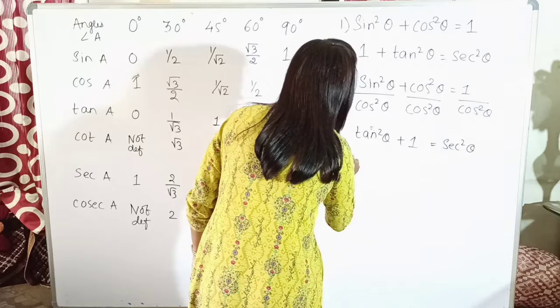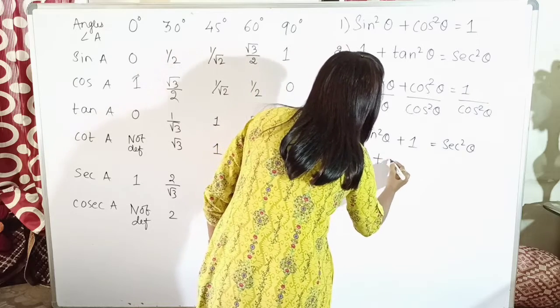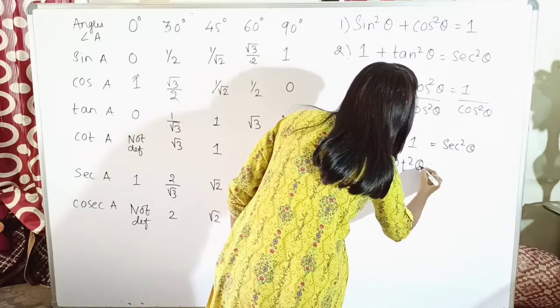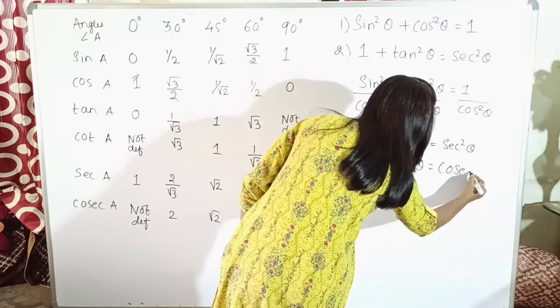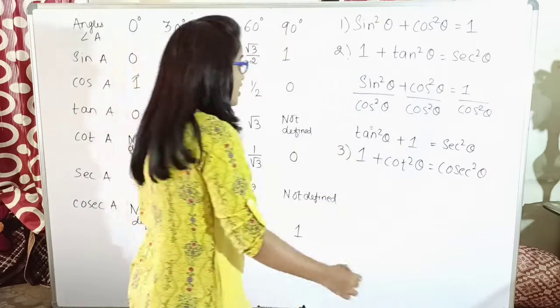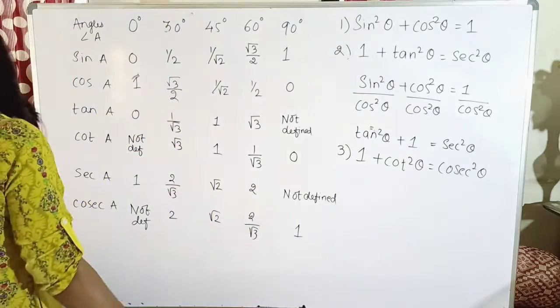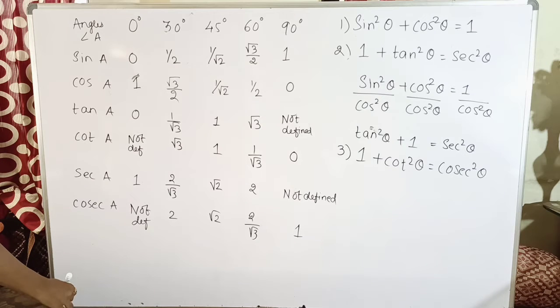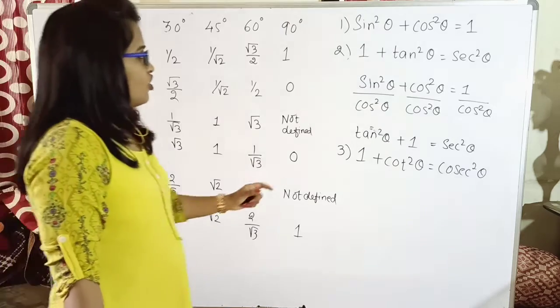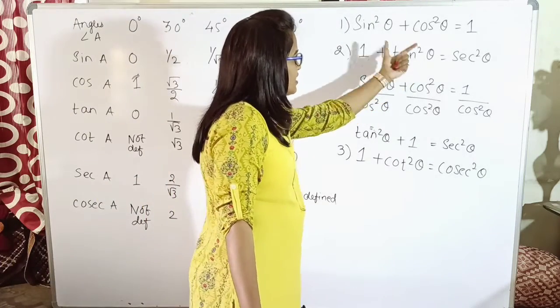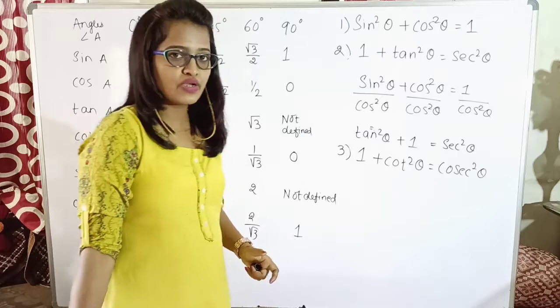And the last identity is 1 plus cot square theta is equal to cosec square theta. Now again, coming back to the first identity which we have proved, that is sine square theta plus cos square theta is nothing but equal to 1. So for getting tan square theta, I had divided this whole equation by cos square theta.